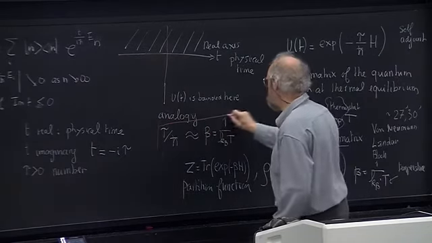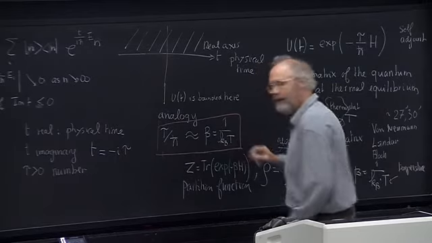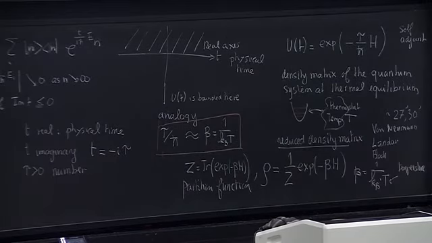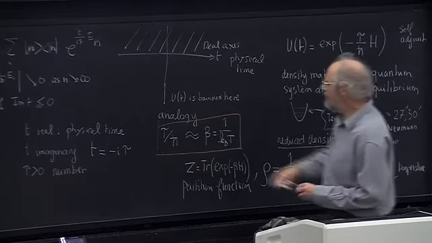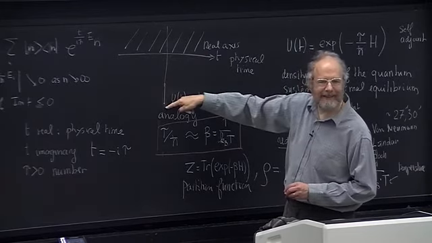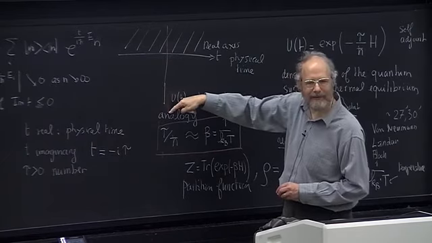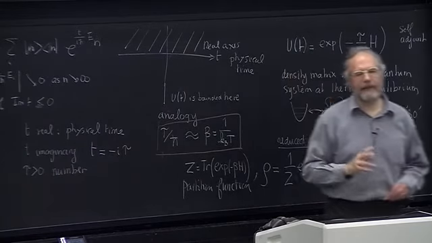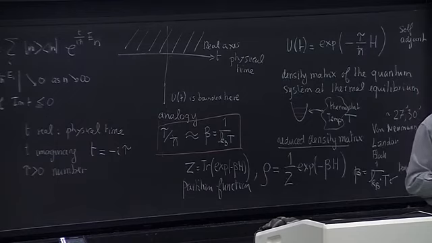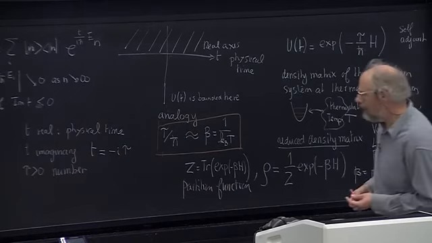So it's a mathematical analogy, but it's a very, very deep analogy. You may think of imaginary time along the negative imaginary axis as some kind of inverse of temperature.